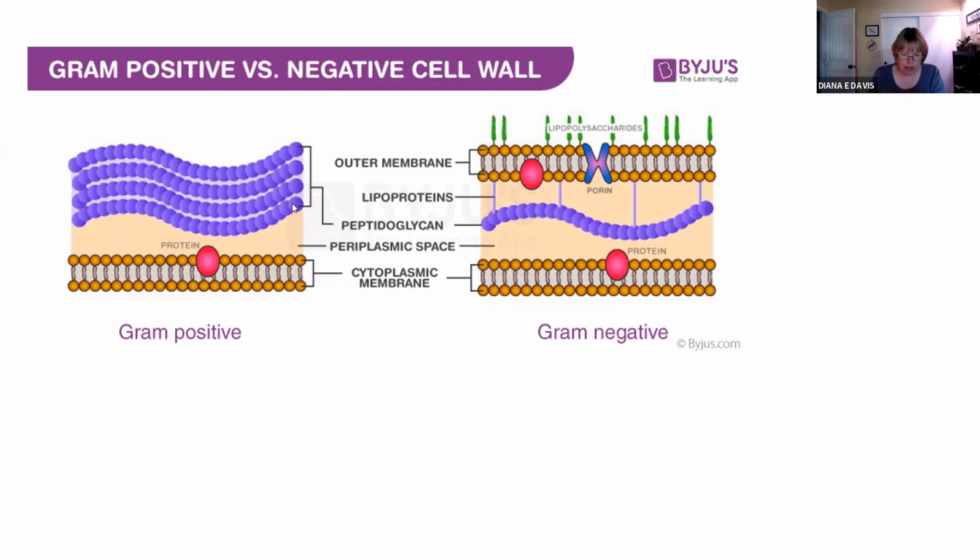Okay, so here is the cell membrane. And here in a gram-positive bacteria, we have these peptidoglycans. Remember, peptide means small protein, glycan means carbohydrate, and these are all linked together. So all of these different layers are attached to each other.